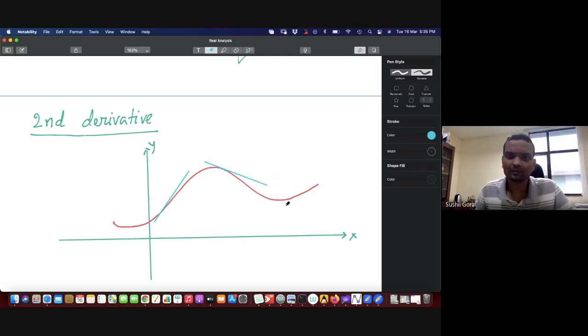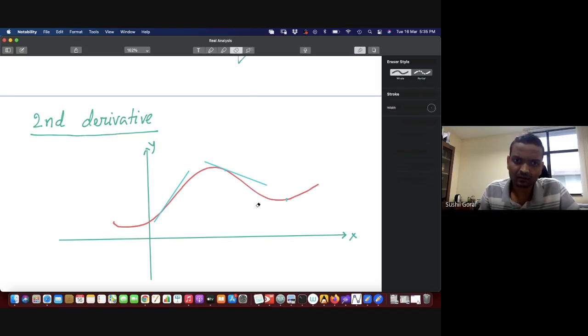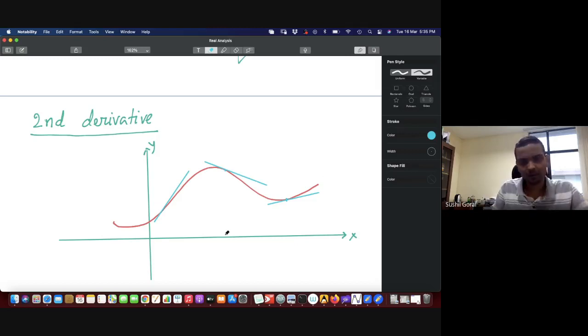You look at the tangent here, something like this.